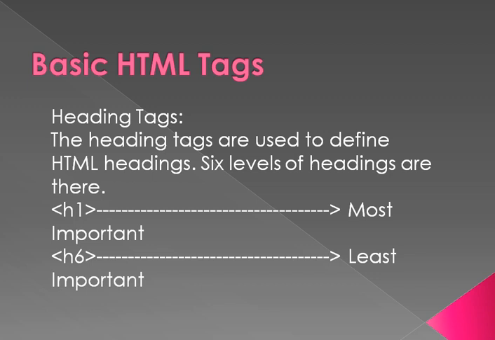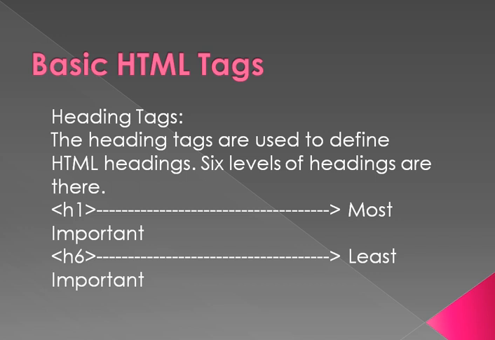Those are the H1, H2, H3, H4, H5 and H6 tags. The most important one, the H1 tag, will appear in a very large size, and the H6 will display in a very small size.